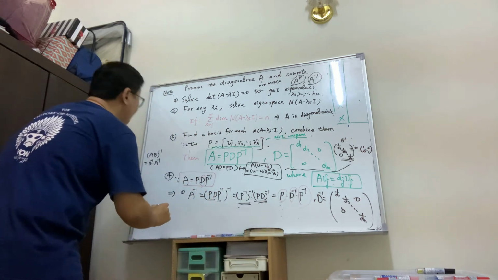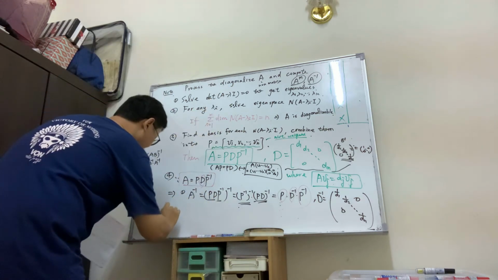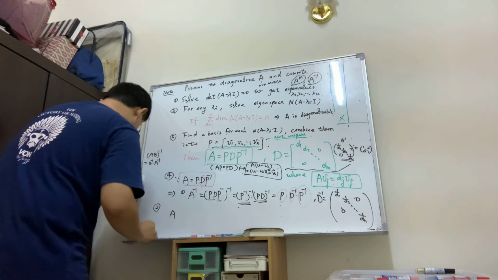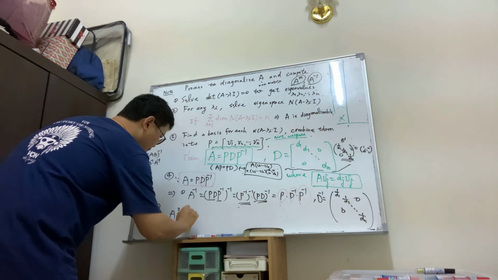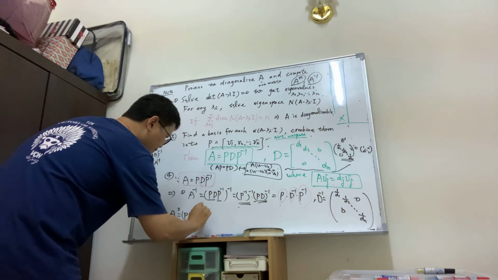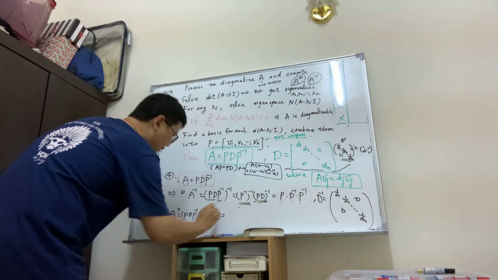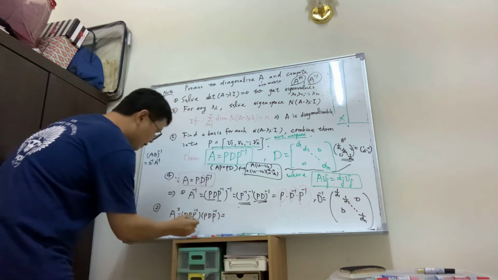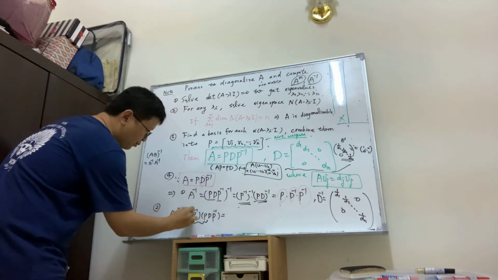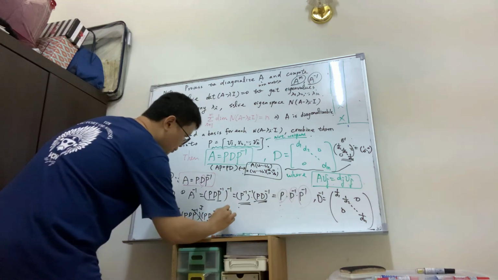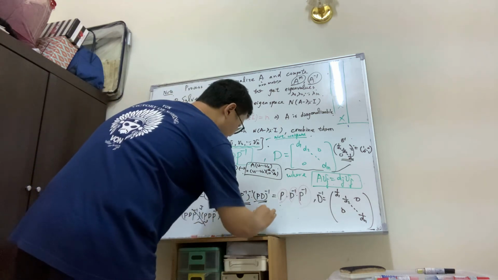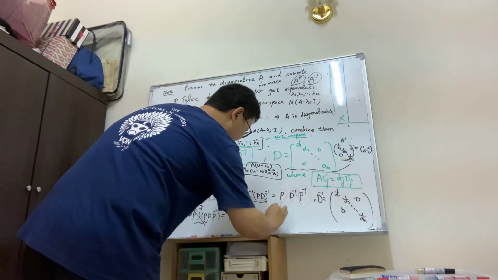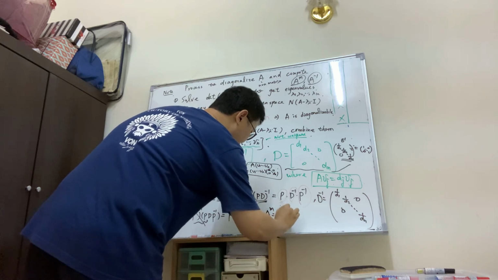And how about A to the power of n? It's similar. A squared is PDP inverse times PDP inverse. As we said in the previous example, the middle terms cancel and become the identity, so it becomes PD squared P inverse. Finally, A to the power of n is exactly P times D to the power of n times P inverse.